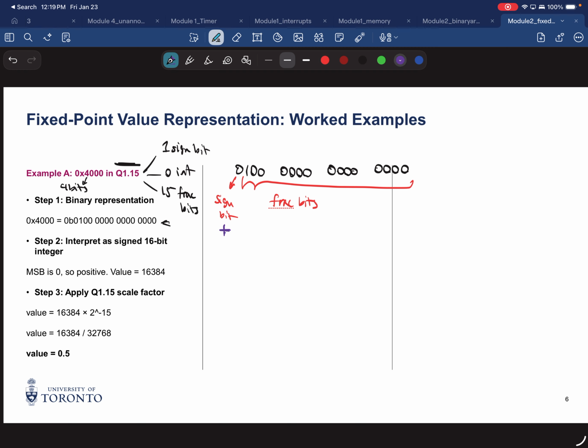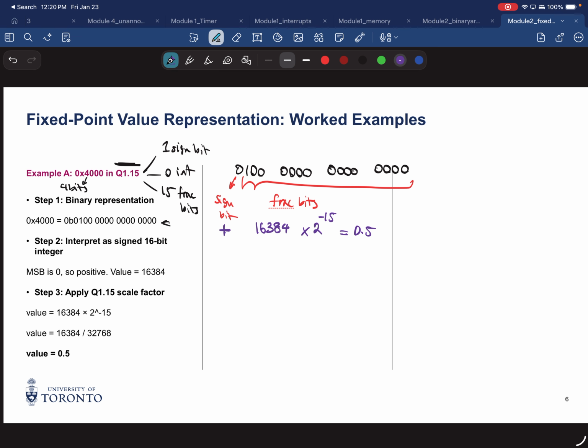In order to get the fractional value, all you do is consider this an integer, 16,384. And then you multiply this by 2 to the power of minus 15. So you get half.